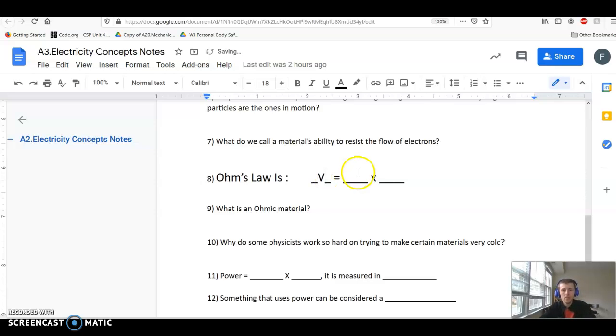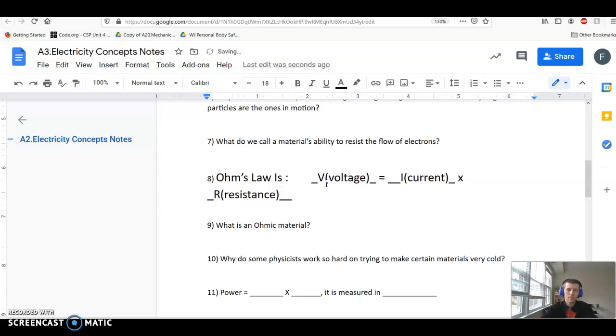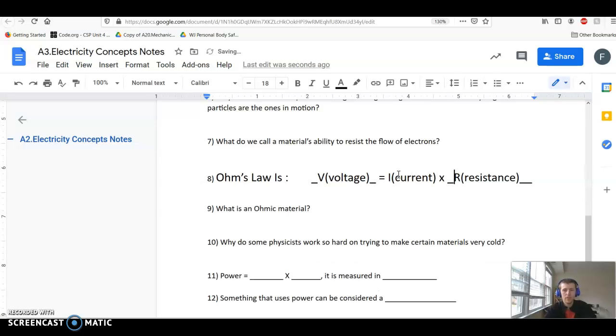It's V equals I times R, and you need to know what these things are. Voltage is equal to the current times resistance. So please make sure you internalize this formula, because it's going to be really, really important for this class.